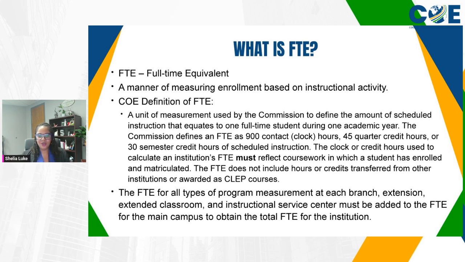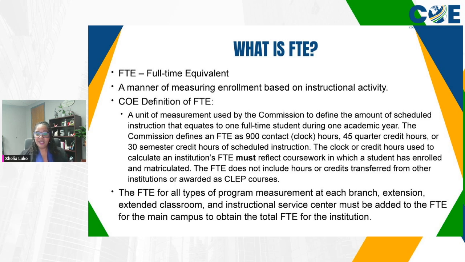So you may be wondering, well, why do we need a standard? Well, COE recognizes that numerous methods may be used to calculate FTE, and this could vary from one school to another. So we have some schools that operate 12 months out of the year, while others may only operate for 10 months. Then you may have some students who are considered full-time students, and others may attend part-time, some may attend evenings, and others may even attend at night.